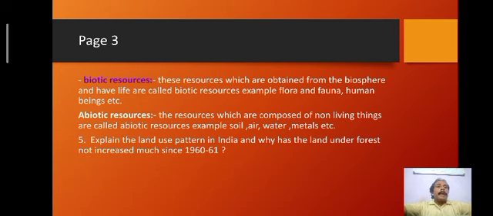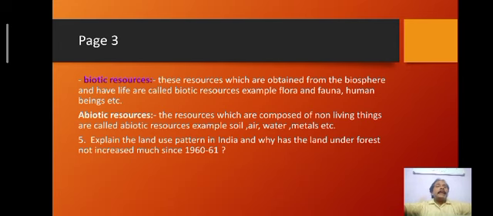Examples: flora and fauna, human beings, etc. Abiotic resources are just the opposite of biotic. These are those resources which are composed of non-living things, such as soil, air, water, metal, etc.